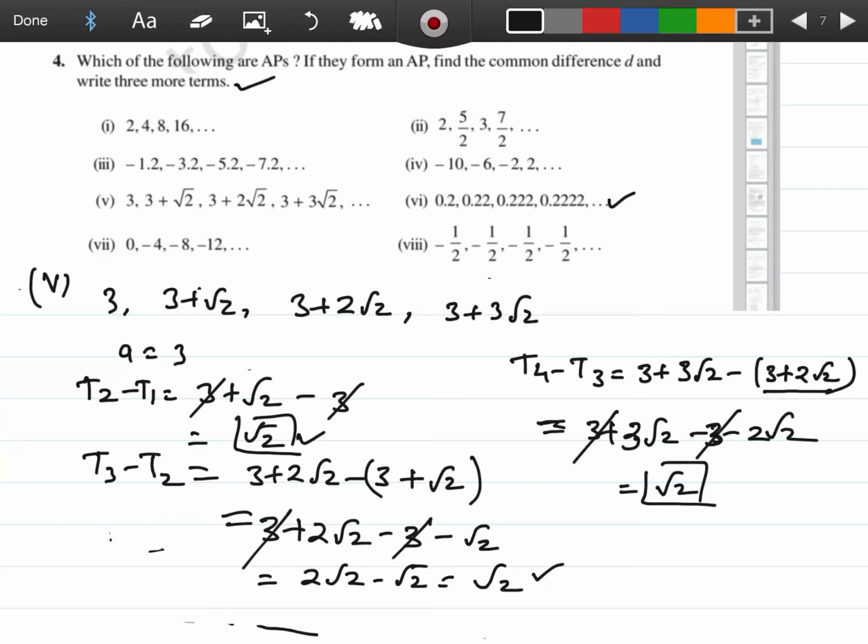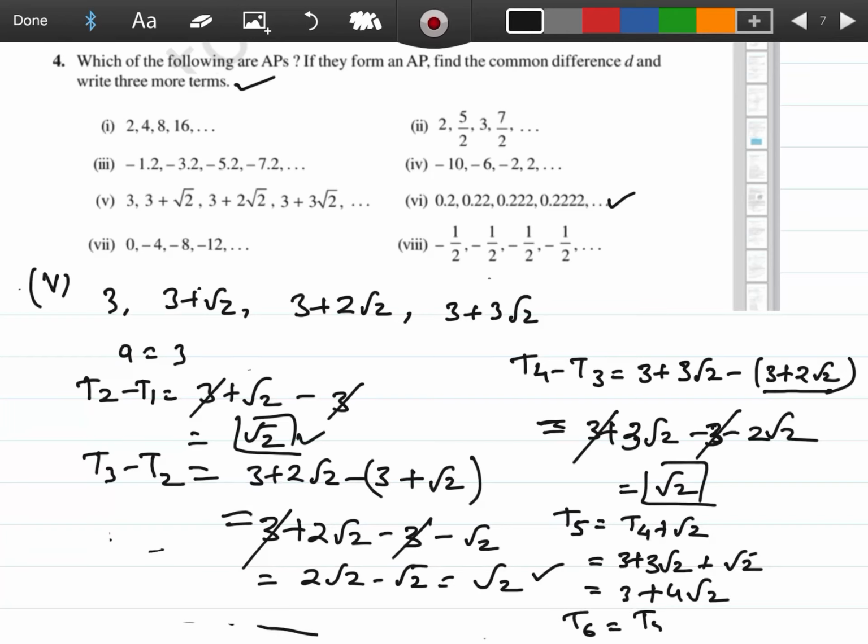नेक्स्ट टर्म्स क्या हो जाएंगी आपकी, T5 क्या हो जाएगा, T4 + √2, दैट इज 3 + 3√2 + √2, यहाँ पे हो जाएगा 3 + 4√2.